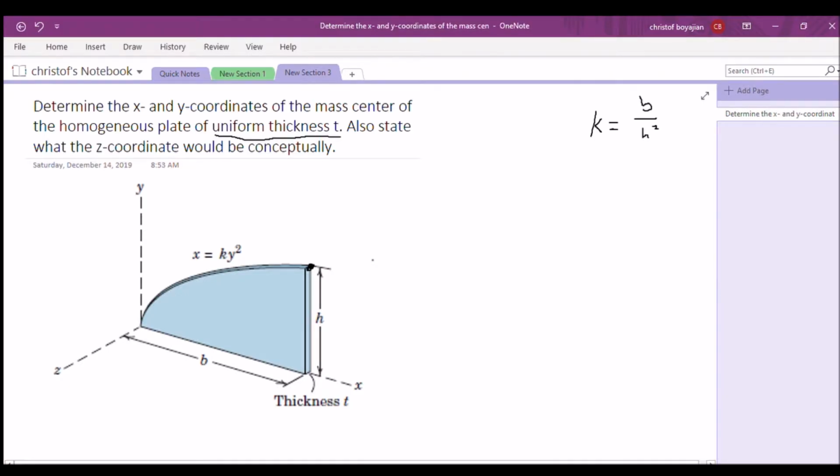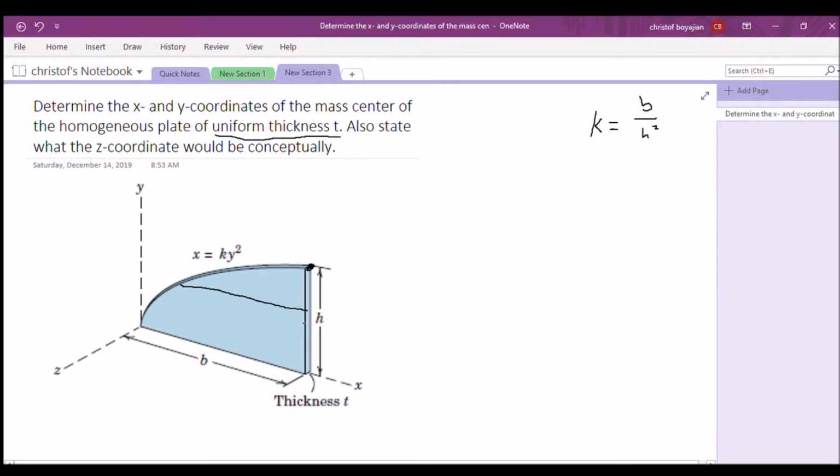In all honesty, it really doesn't matter, but I would prefer doing it to where you keep this degree, because if you had to solve for y, you're going to end up with a square root, and then in your integration, you're going to have a square root that you're going to have to deal with. So I don't want to deal with that. Let's go ahead and make our cross sections with respect to y.